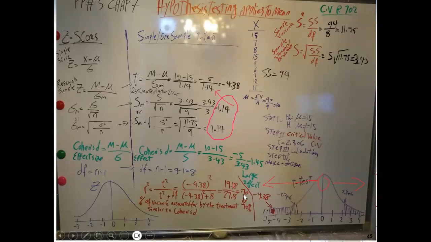Keep in mind, r squared is always less than 1, but you multiply it by 100. So 0.70 times 100 is 70%. What does that mean? This is the percent of variance accounted for by the treatment.